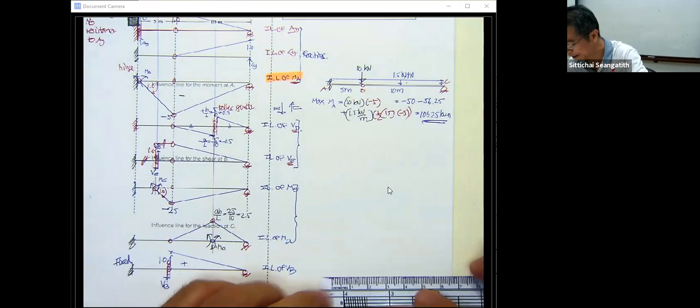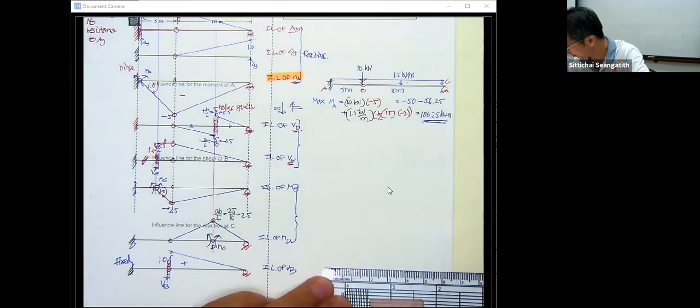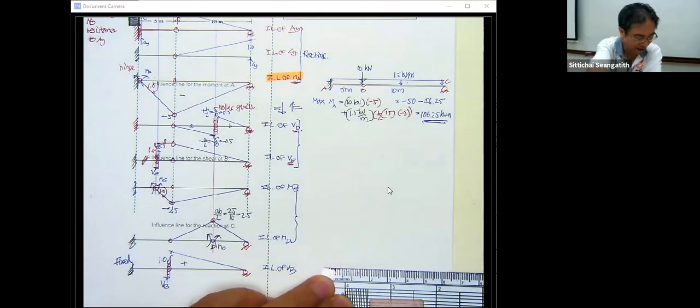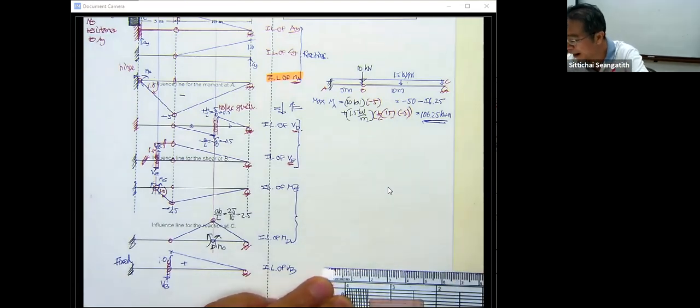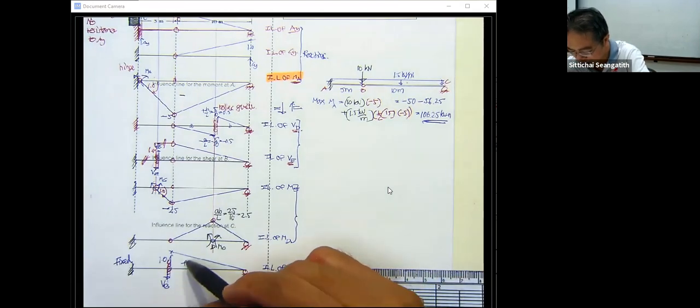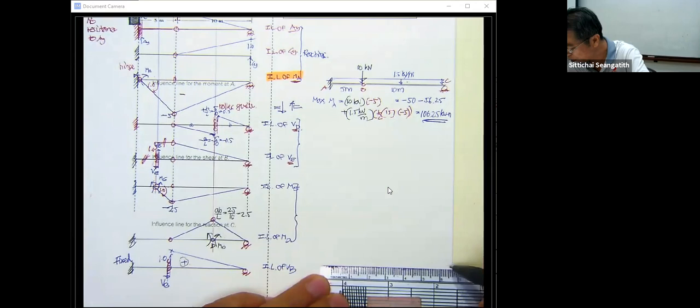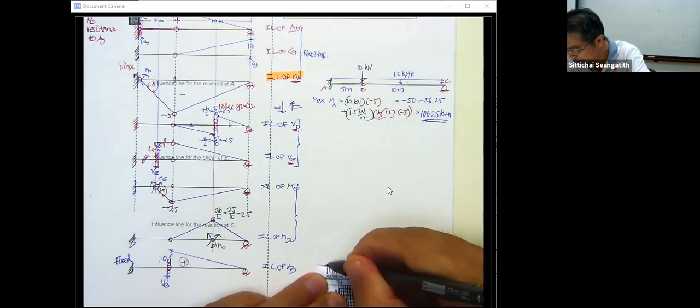Okay, by this way, and then we change the beam by using the live load. So the positive influence will control the beam.